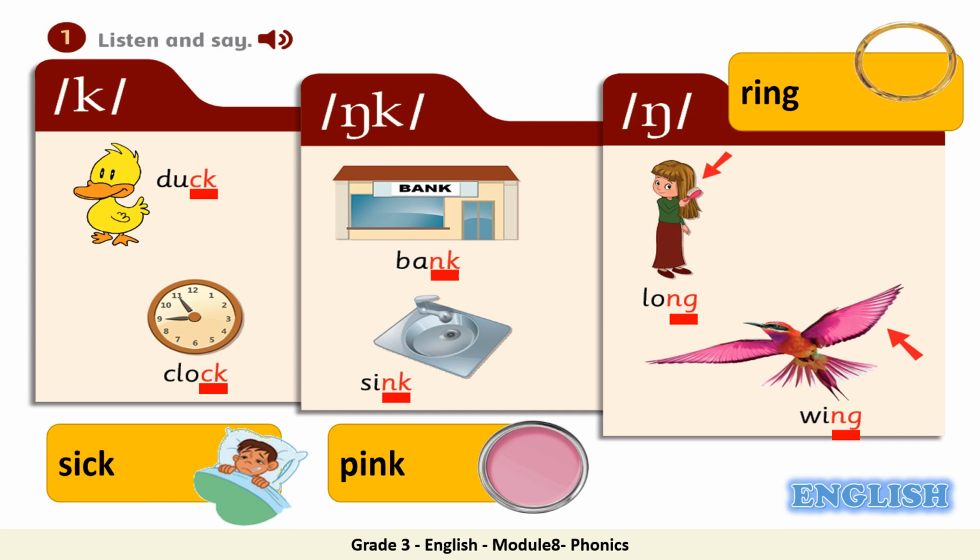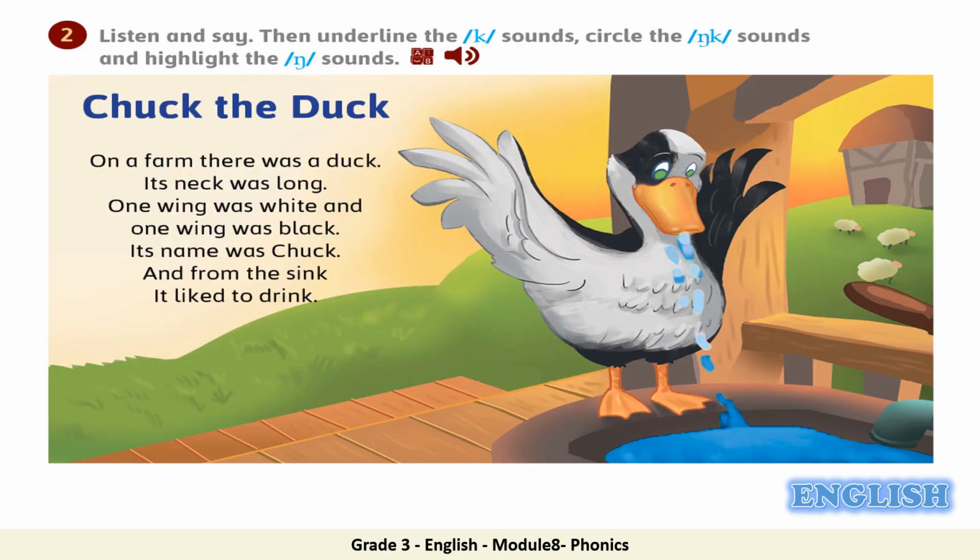Now you are ready to test your knowledge. Let's go. To test your knowledge, we are going to do activity 2 in your student's book. So let's read the task together and explain it. 2. Listen and say. Then underline the k sounds, as in the word chuck. Circle the ink sounds, as in the word sink. And highlight the ing sounds, as in the word long.